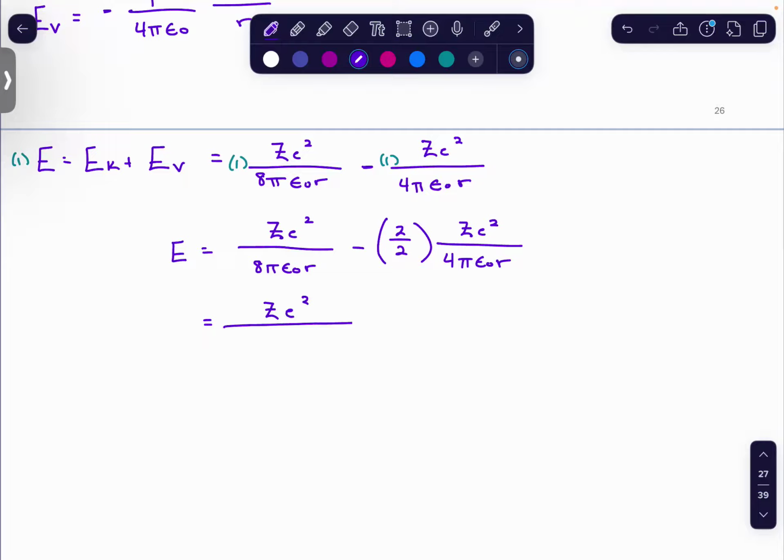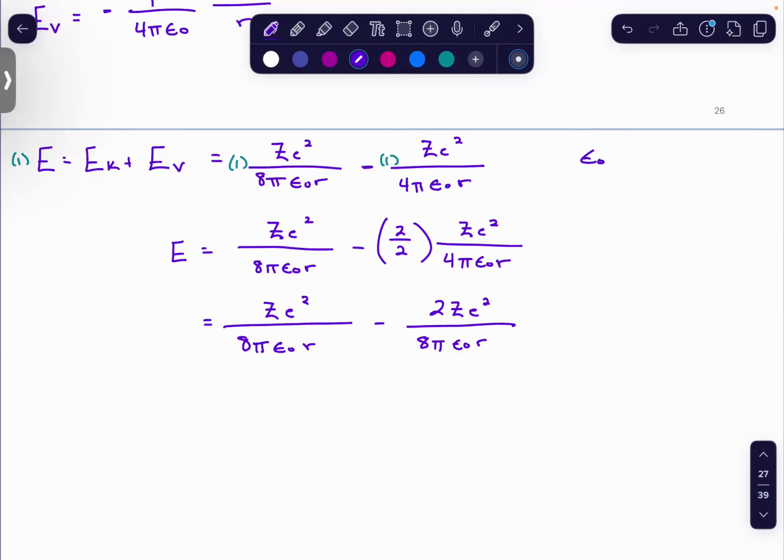Once again, Z is your atomic number, minus 2Z e squared over 8 pi epsilon 0 r. So see, what we were doing is getting the same denominator. And I keep saying epsilon 0. Maybe didn't really make that clear.